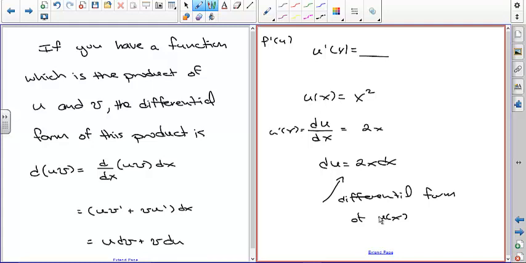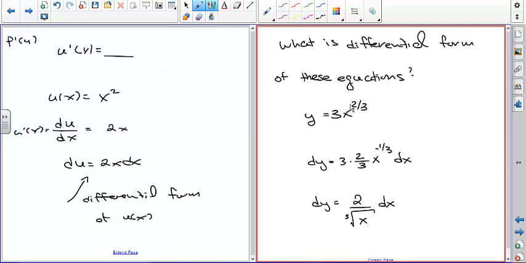So what this is saying is a small change in u is going to equal 2x times a small change in x. So when we refer to differential forms of an equation, you just take the derivative like you normally do and multiply by dx. I'm going to skip over this part for right now. We'll talk about it when we need to.